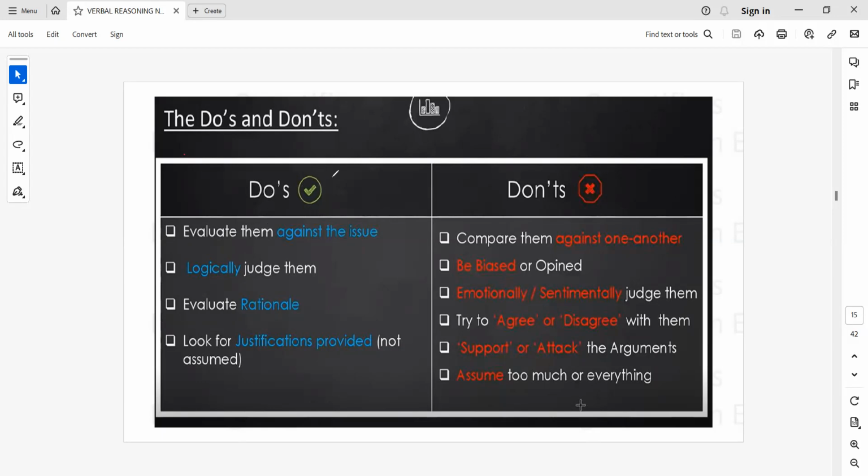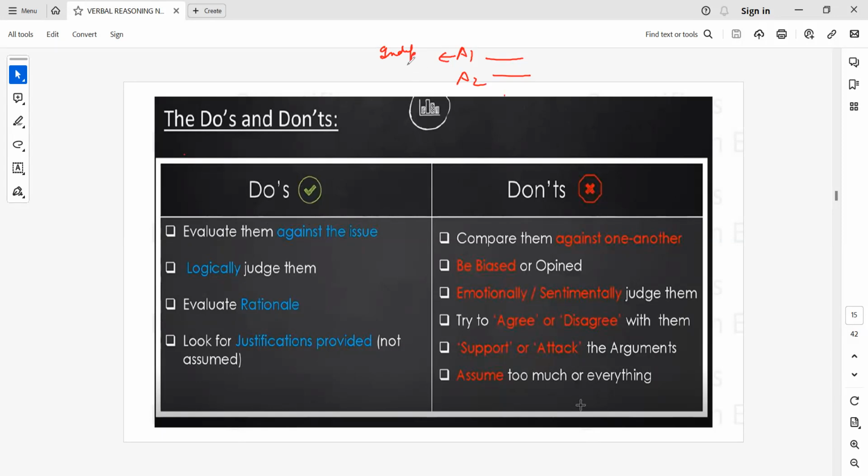So there's something for the arguments questions. The first don't, I would rather say, is don't compare arguments with each other or against one another. You just need to see argument 1 as independent of argument 2 and argument 2 as independent of argument 1.